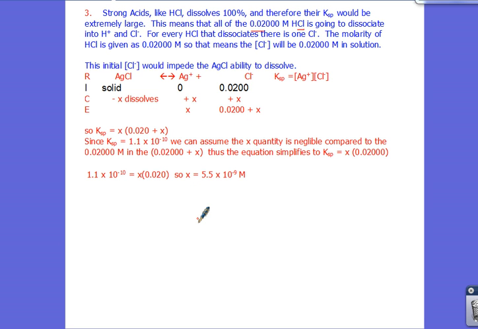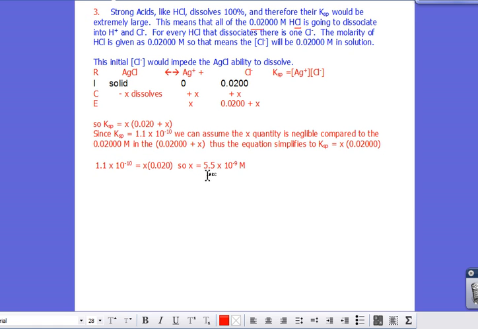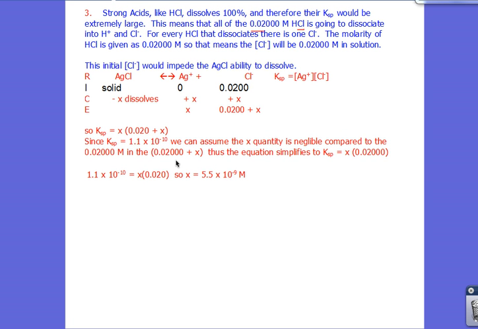I made the assumption that X was drastically smaller than 0.02 and solved for it. If you use the solver function, or if you use just algebra, you actually get the same answer. I think you get 5.49 times 10 to the minus 9th, and then you round it to 2 sig figs, and you get 5.5. It's the same thing whether you make the assumption that X is too small to worry about.